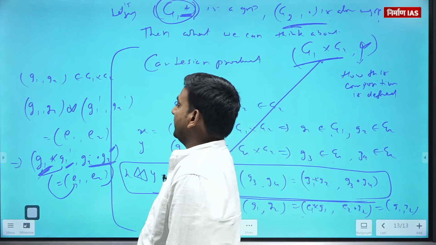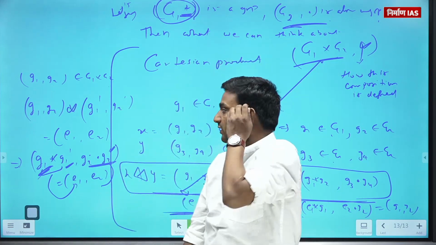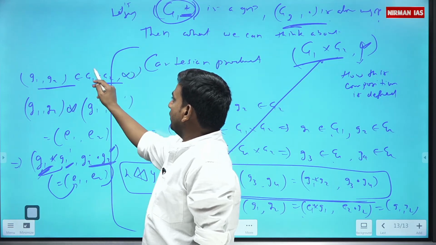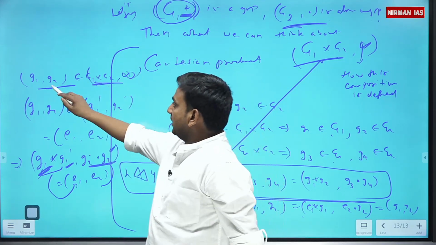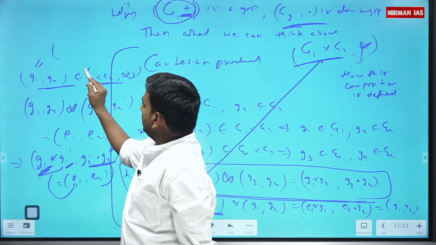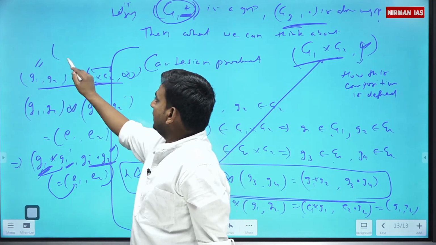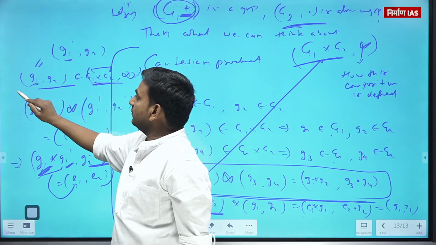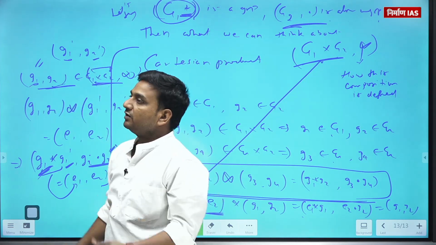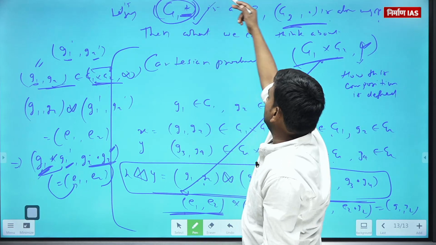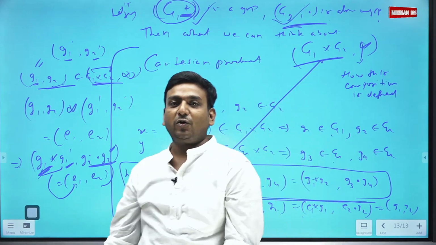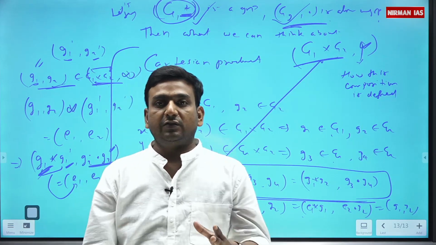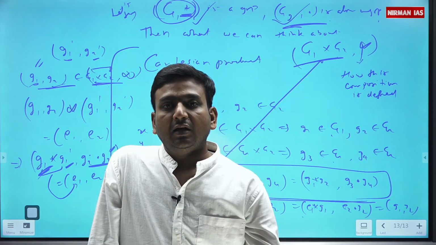So ultimately, if I want to know the inverse of this element (g1, g2) in this structure, it will be an element like (g1 dash, g2 dash), where g1 dash is the inverse of g1 and g2 dash is the inverse of g2 in their respective groups. I hope it is clear to you guys how you talk about inverse, how you talk about identity.